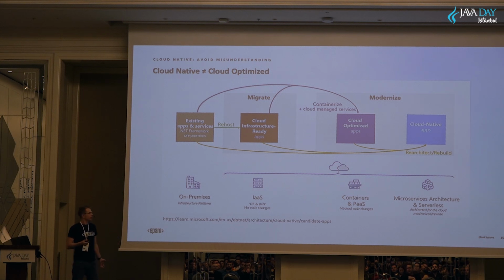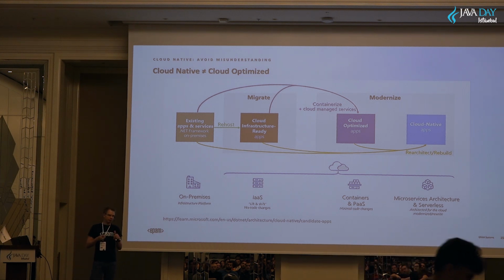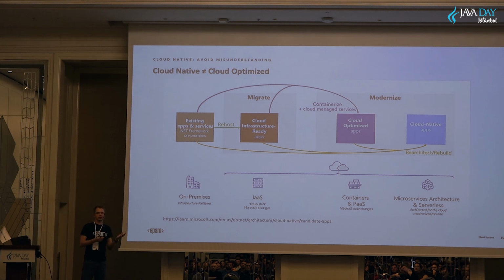What does it mean? The client had an on-prem application, and we used a lift and shift approach. He would like to adapt his application to the cloud, and he can make some changes or not change anything, and they start building his application in the cloud, but it's some kind of migration and optimization.